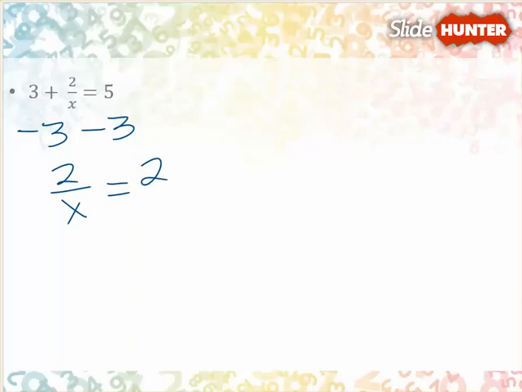You might look at this and say, well, that still isn't two equal fractions. Here's the key thing. I can divide anything by 1, and it doesn't change the value. So if I have something that's not a fraction, just put it over 1, and that will help you see how we can cross multiply. So we'll take 2 times 1 will be equal to x times 2.